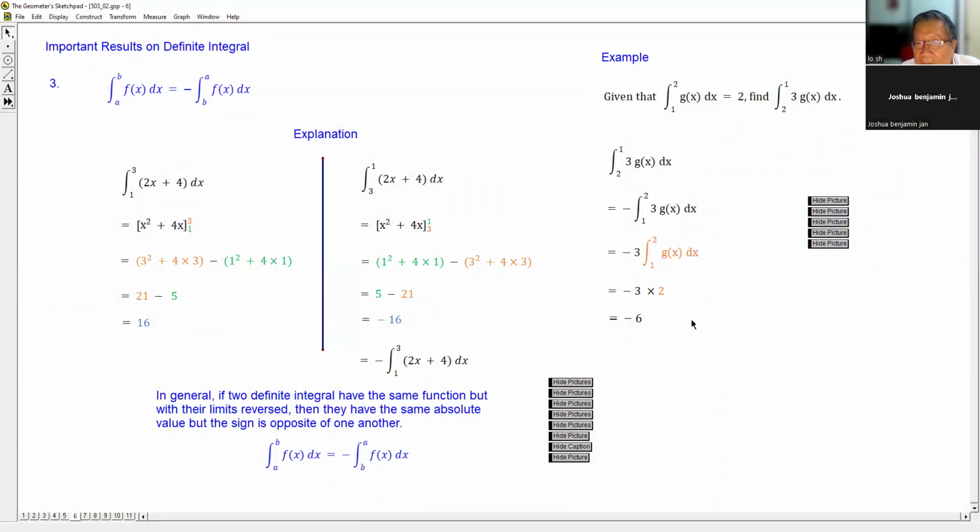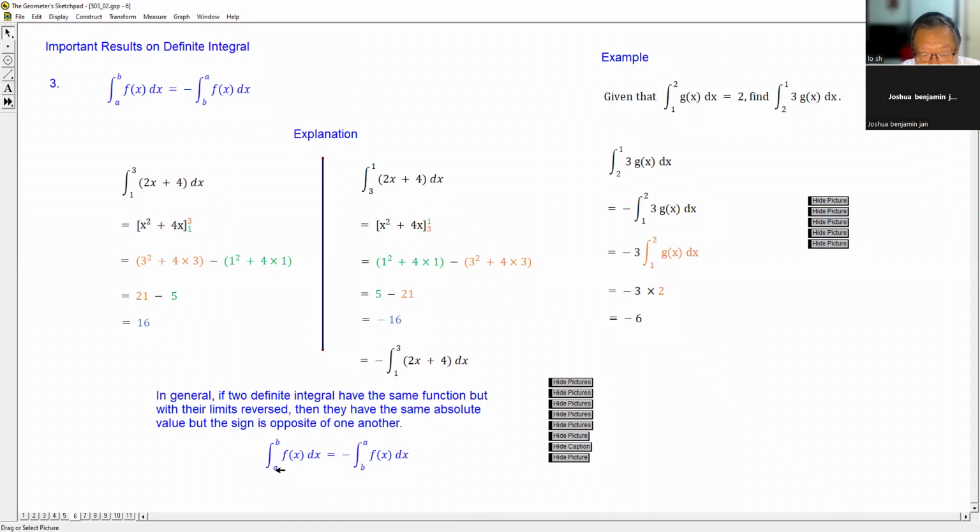Okay, I repeat how to look at this. Now, if you integrate from A to B, it is equal to integrating from B to A, except that you have to put a negative sign in front. Okay or not?